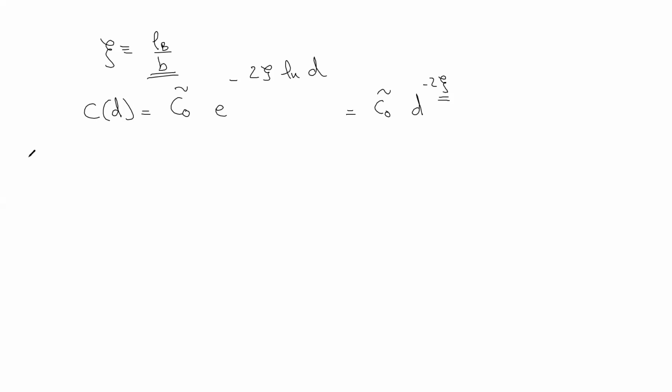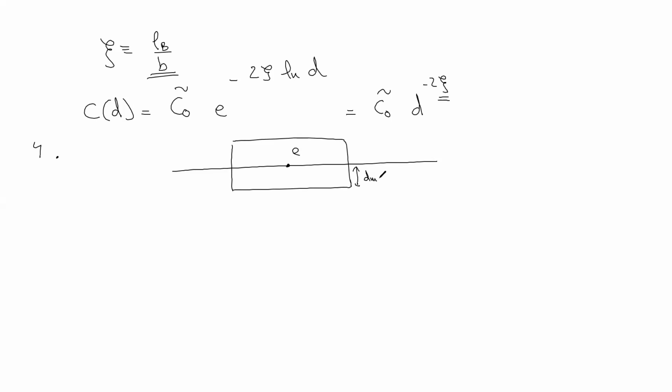So we go to question number 4 now. Again, this is DNA, and we would like to evaluate something. Let's take one charge, and we take a cylindrical box around that charge that has a certain radius d max, and it has a length which is b.